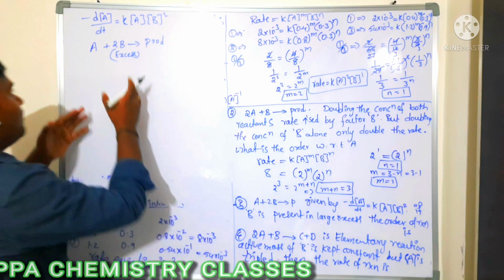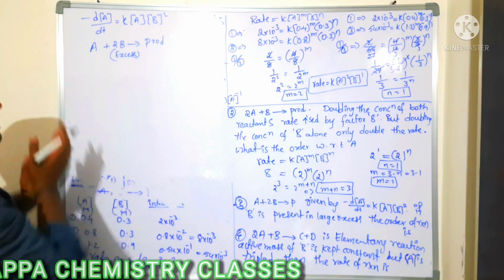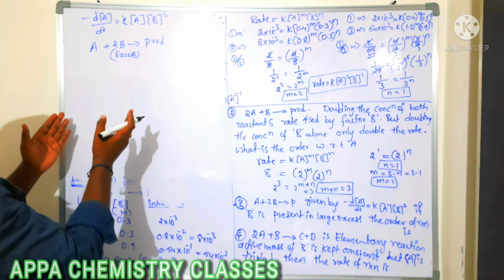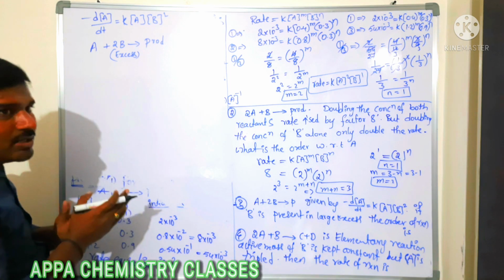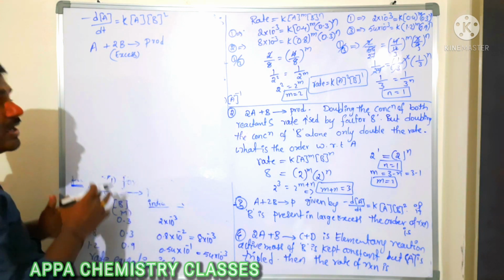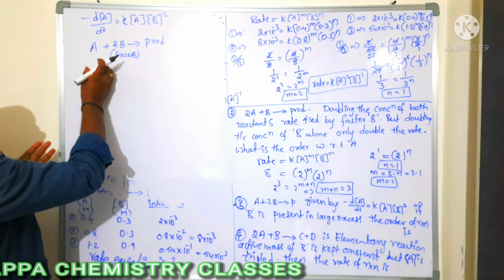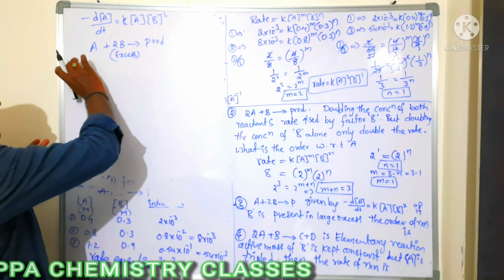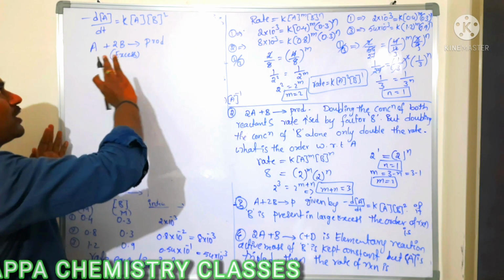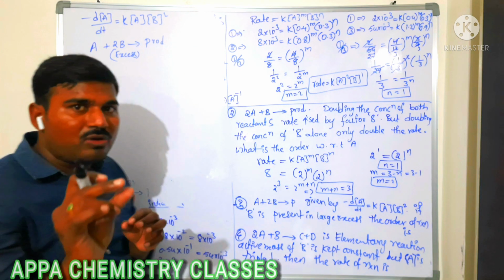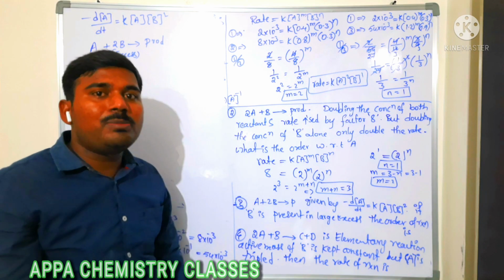But what happens here? One reactant is in large excess, the other is in limited quantity only. So rate depends on the limited reactant only. It does not depend on the excess reactant, because the reactant which is present in small quantity will be directly converted to product. After completion of that limited amount of reactant, the reaction will stop.